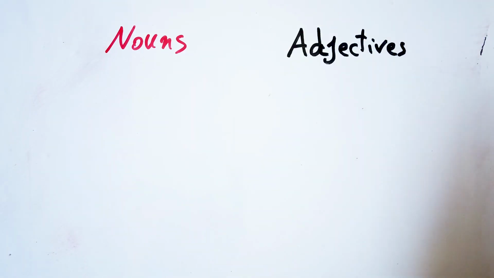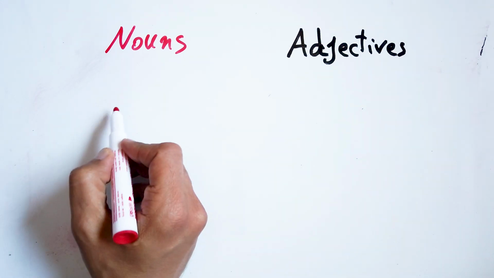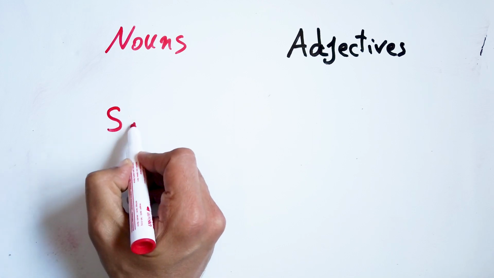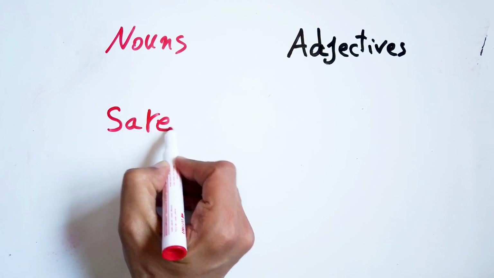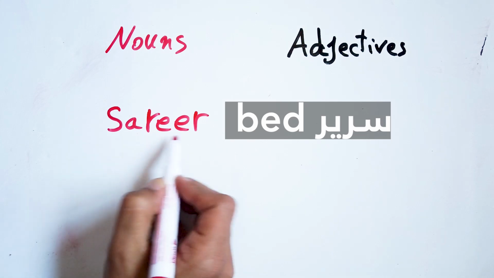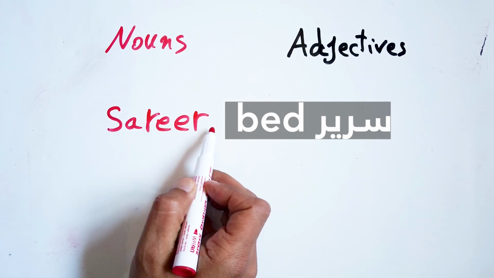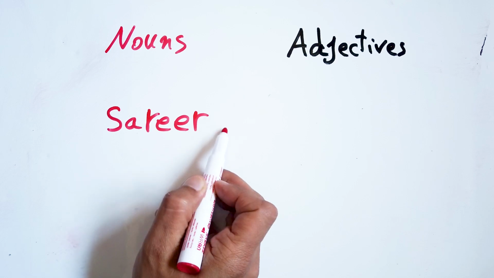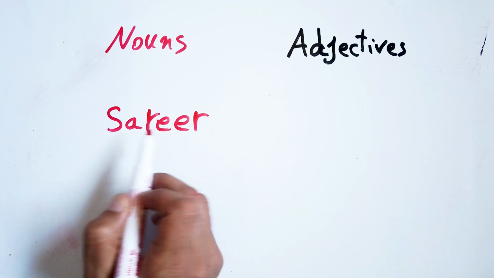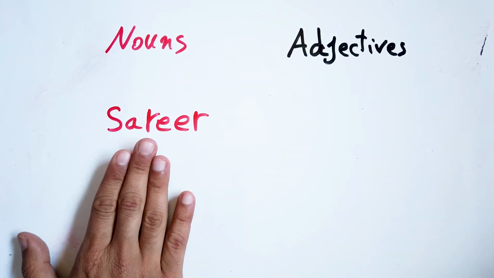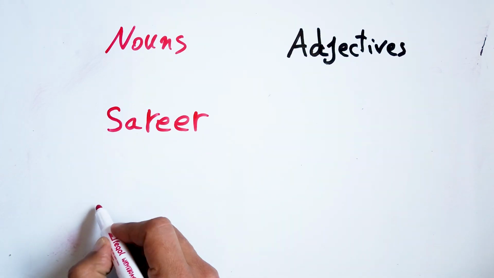All nouns in Arabic are divided into two groups, masculine and feminine. For example, the word sarir. Sarir means bed. So you don't find here the ta marbuta at the end of the word. So the word bed in Arabic is masculine. Let's see another example.